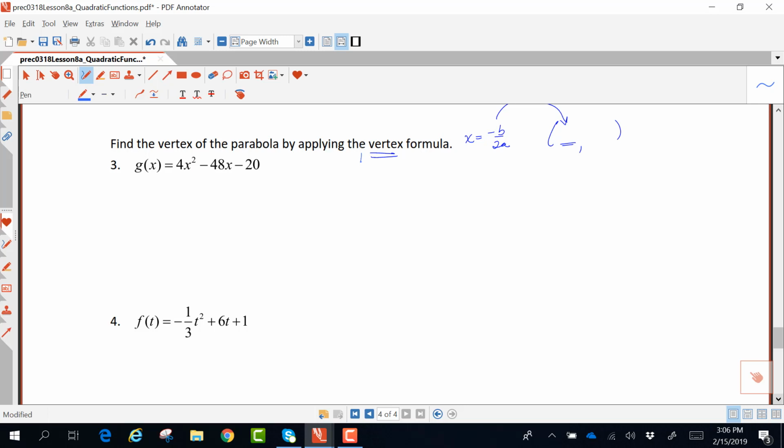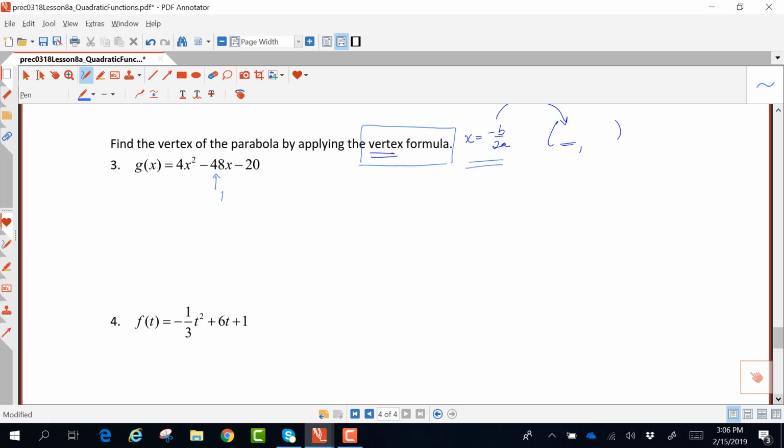This is the vertex formula, emphasizing again how to get the vertex when your quadratic equation is given to you in standard form. So just as with the last example, the vertex is found by remembering the x value is -b over 2a.